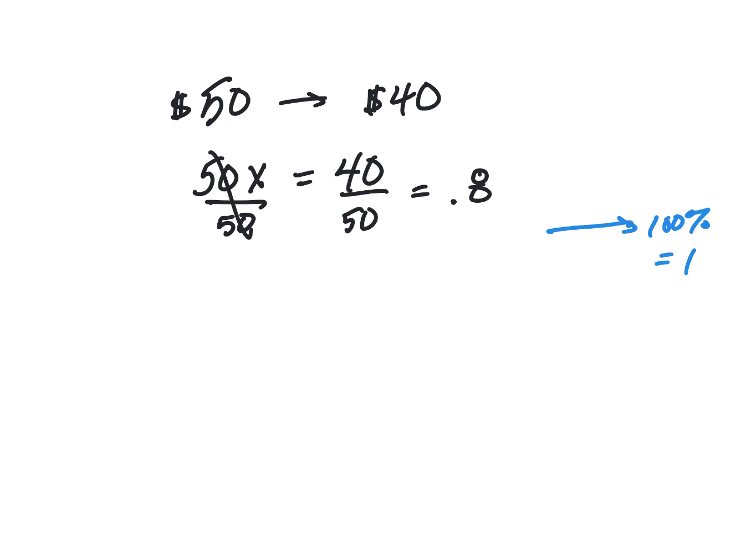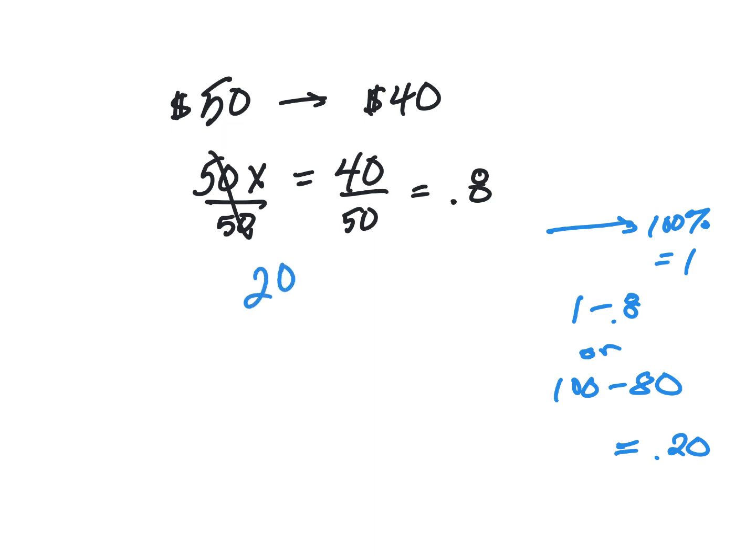Easiest way, of course, to calculate it is to just say, well, 1 minus 0.8. Or if you prefer, think about 100% minus 80%. In either way, we get either a 0.2 or a 20%. Of course, those are equivalent. That is the discount.